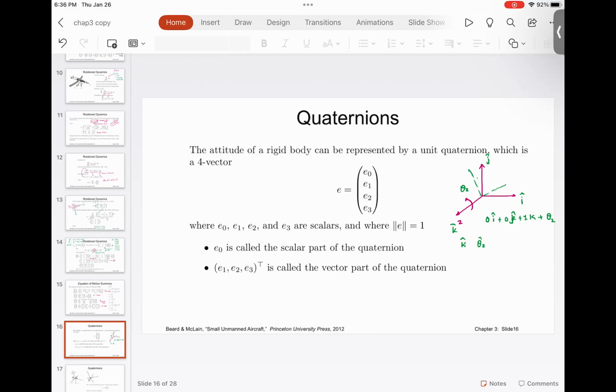So a quaternion has 4 elements, and those 4 elements are E0, E1, E2, and E3. The important part of the quaternion is that its integration can diverge.